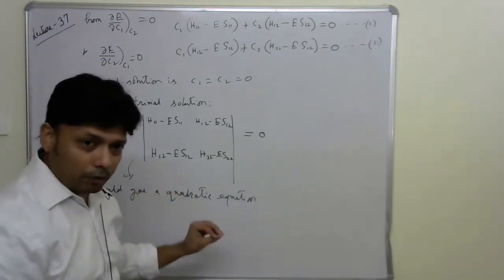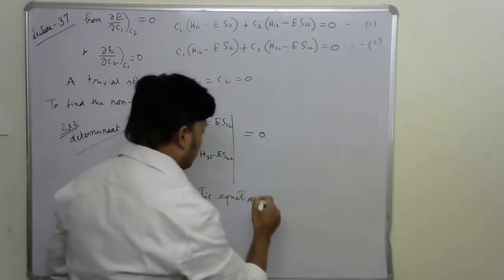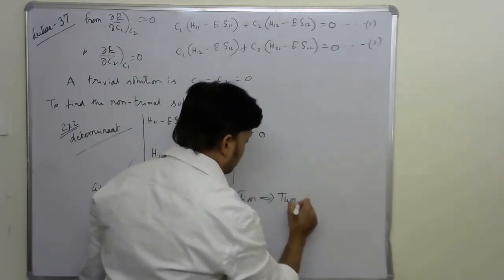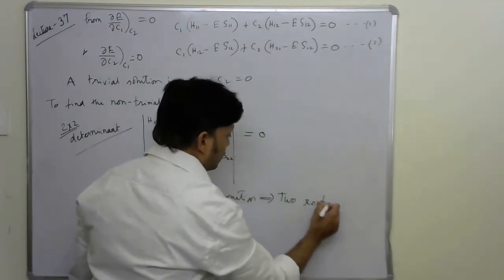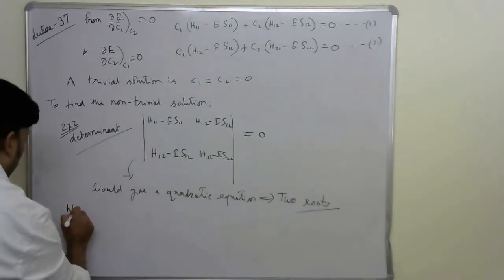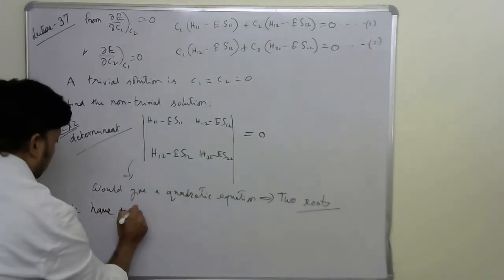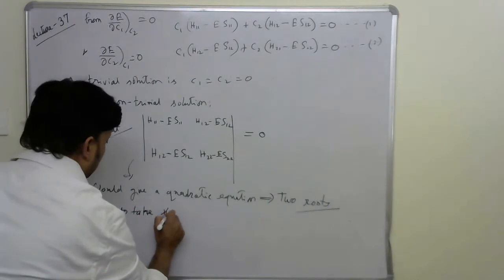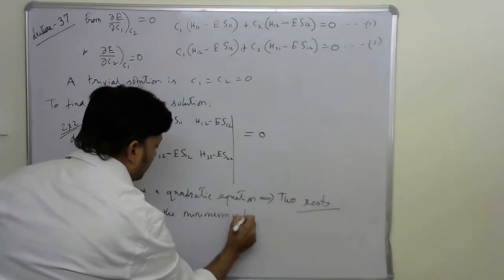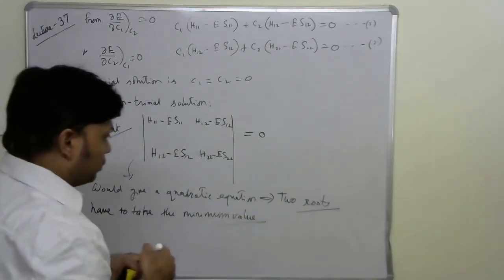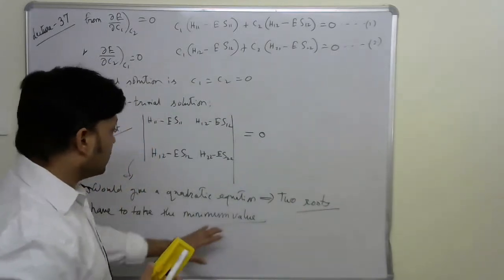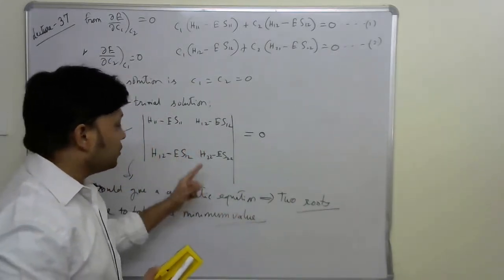So if we solve the quadratic equation, it would have 2 roots. So you will have the solution as 2 roots. What we have to take is the minimum value because we are minimizing the energy. So out of the 2 roots, whichever value is the smallest, we have to take the smallest value as the energy.